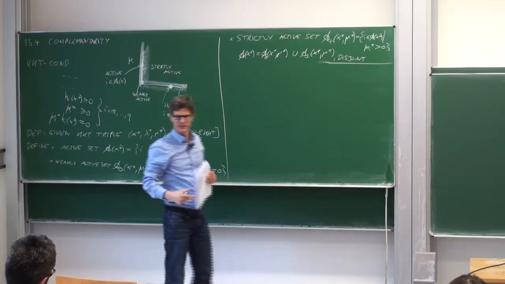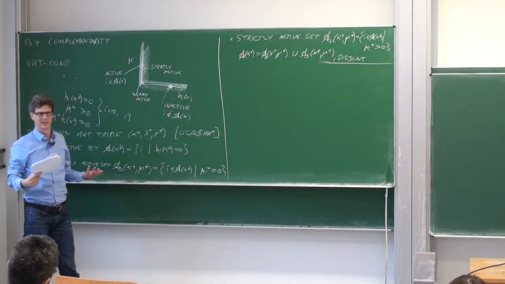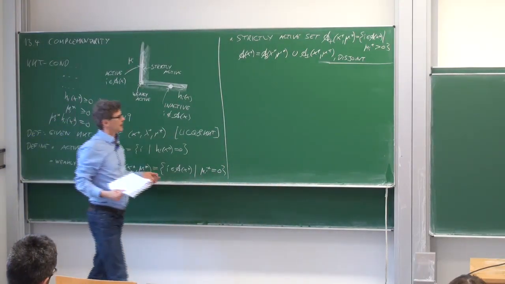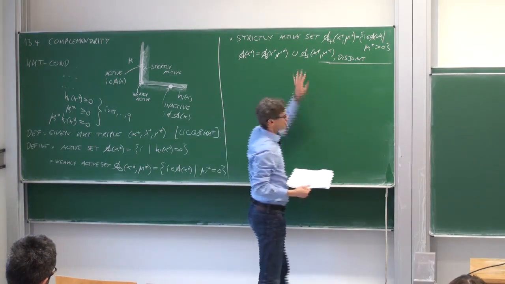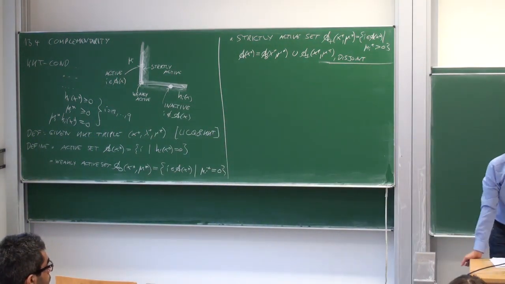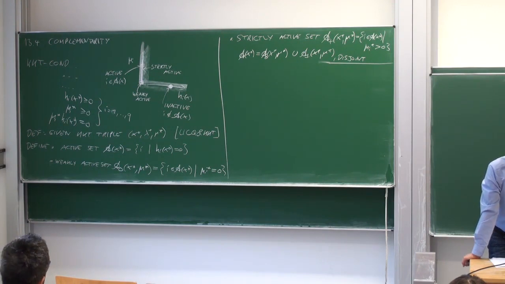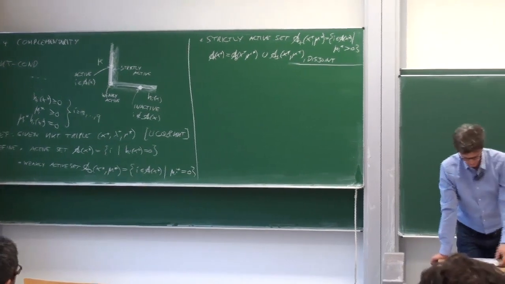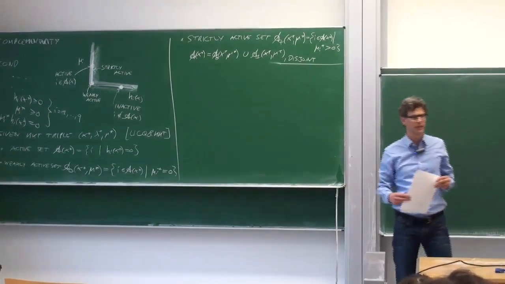So their intersection is empty and their union is the active set. That's clear, right? So we will now look at the second order conditions for optimality. And if there's no question about complementarity, I would leave it like this at the moment, and we go on with second order conditions. Okay?